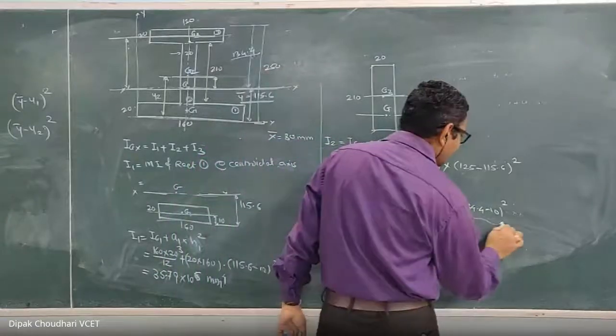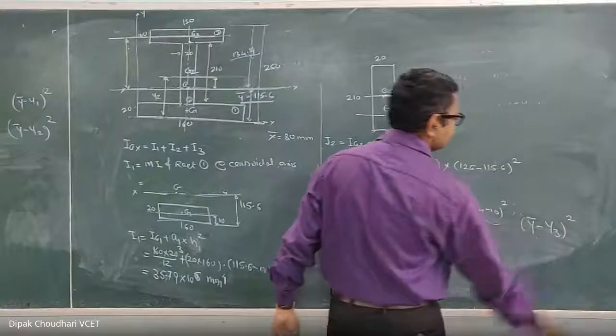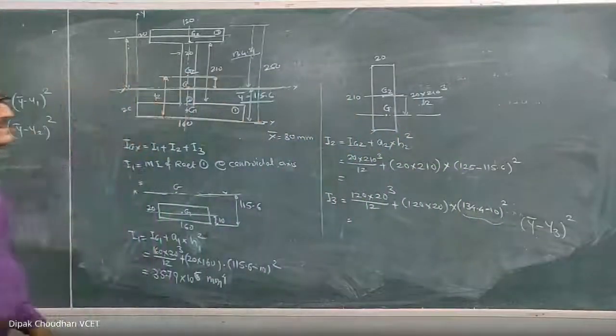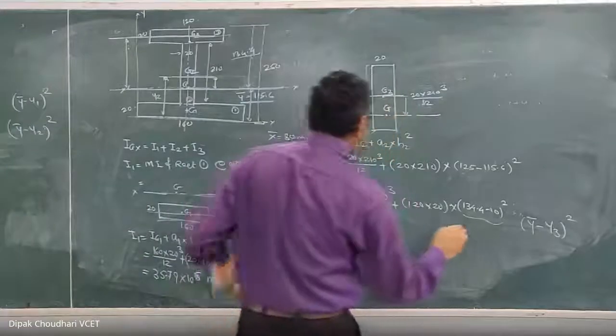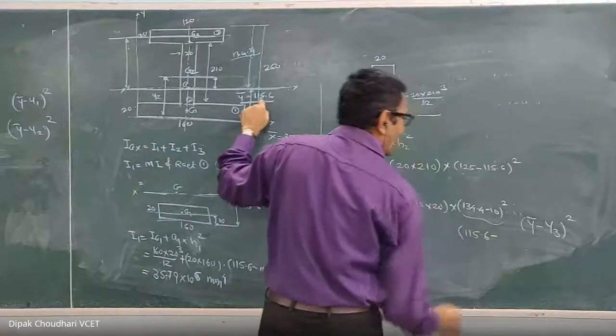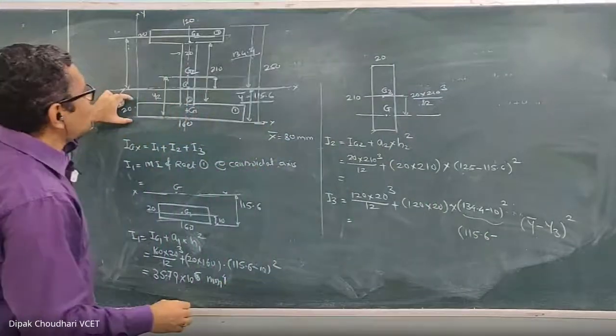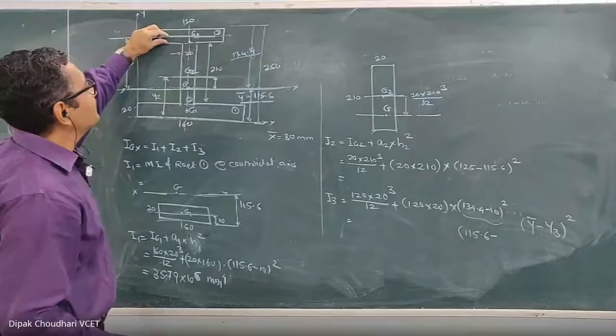Here, this perpendicular distance you can also calculate by using (y bar minus y3) whole square. You are going to get the same answer. Let's check. How much is the y bar? It is 115.6. And how much is the y3? It is 20 plus 210, which is 230, plus 10.